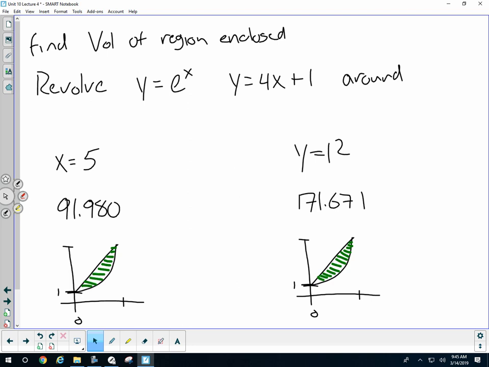Hold on to it. Got it? Okay, do the other one, the y equals 12.